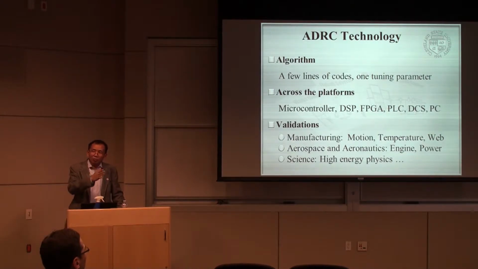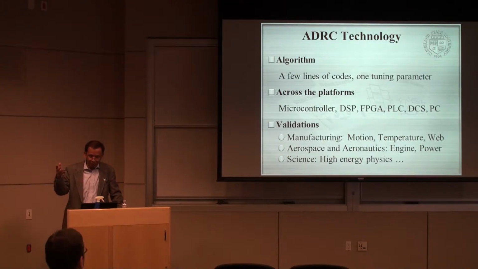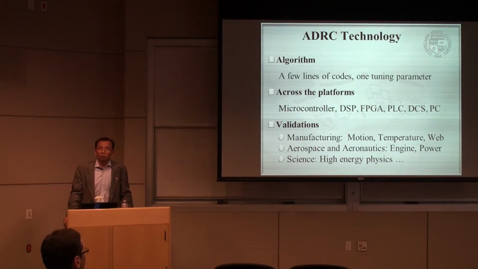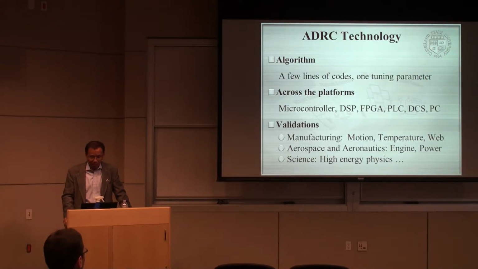And this can be done across platforms, from microcontrollers to DSP chips to FPGA, DCS, PLC, you name it. And we have validated this in the manufacturing environment. There are some tests we cannot disclose because it's under NDA. But we took a miniature manufacturing process, and we validated it. And we show people how much money it will save on one machine.